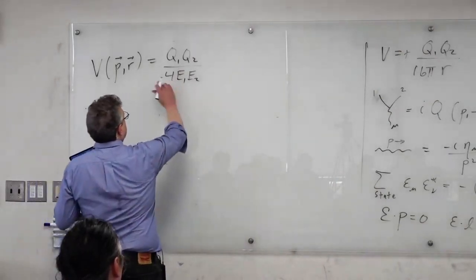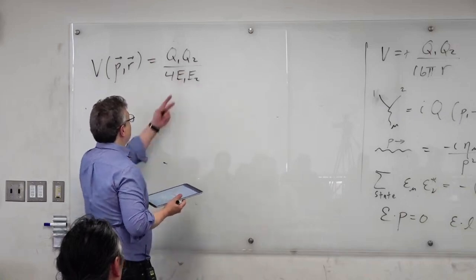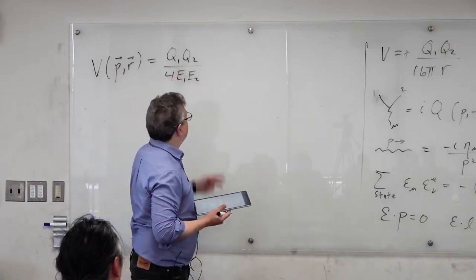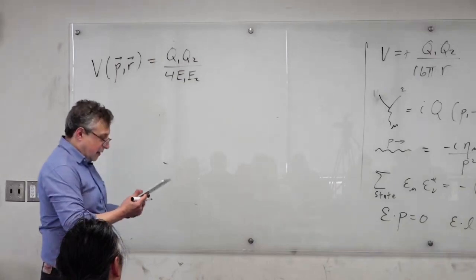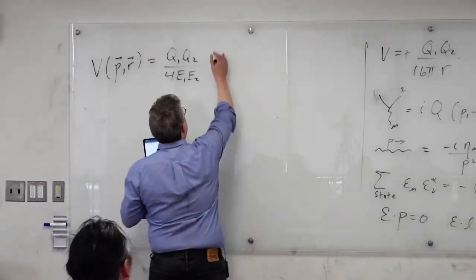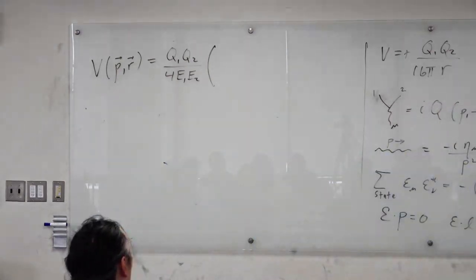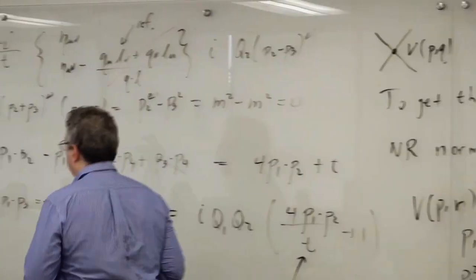It's a square root from each one, and then put 4 of them together and use the fact that they're identical in pairs. That's where this normalization comes from. And then I put in the amplitude. Where did I have it? There, P1, P2.